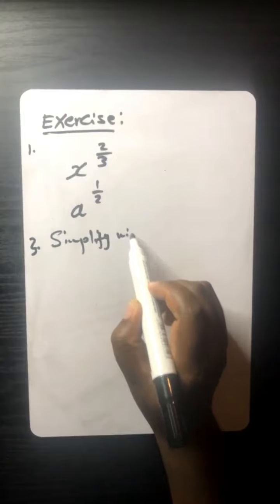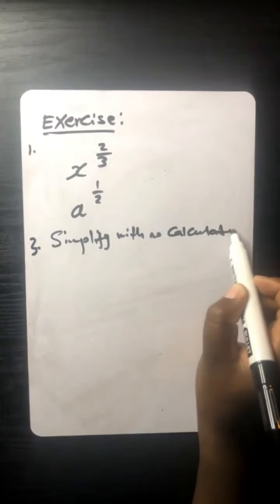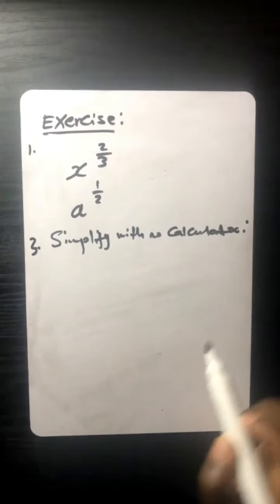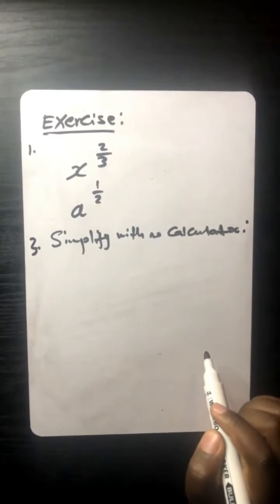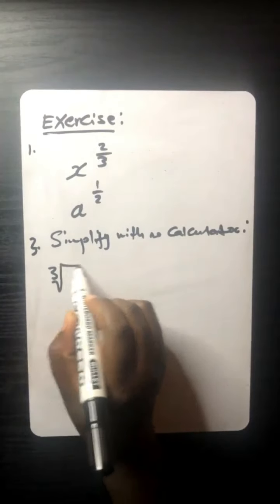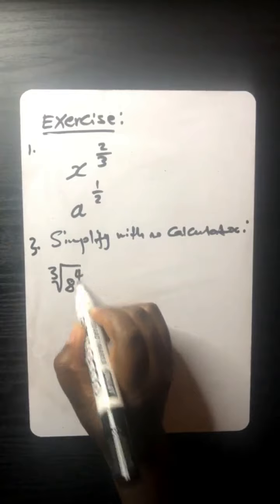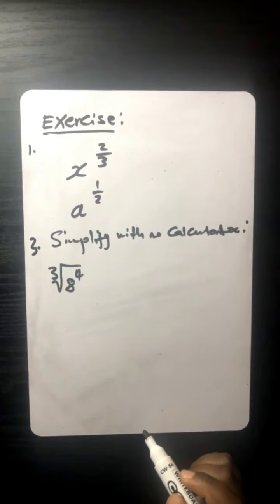Simplify with no calculator. So this is now preparing you for exam type of questions. The first problem, we've got the square root of 8 to the exponent 4.